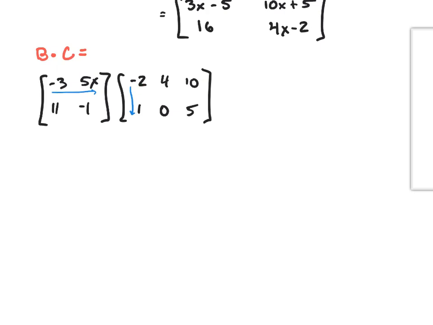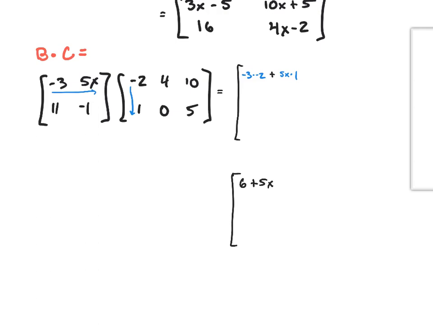And so as we multiply, we are going to do negative 3 times negative 2, top entry in here, and then we go across while we move down, so I'm going to add to that 5x times 1, and that will be our actual solution. So I'll write our solution matrix down here, and that is going to be a positive 6 plus 5x. That's how that works for that first one.